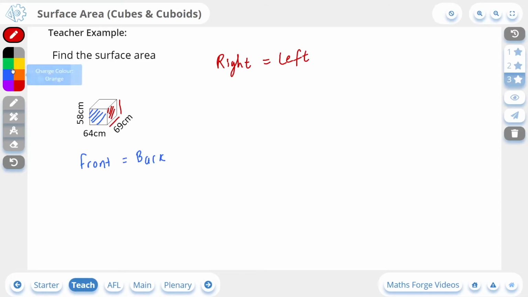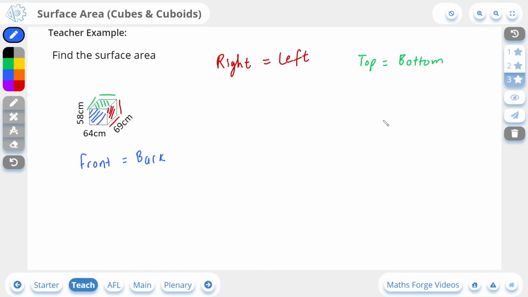And if we check the top now, it's going to have a width of 64 and a length of 69. So a width of 64 and a length of 69 is different to the front, back, right, and left. So in this case, the top and the bottom face are going to be different from all the other faces, but they're going to be equal to each other. So the top is equal to the bottom face.